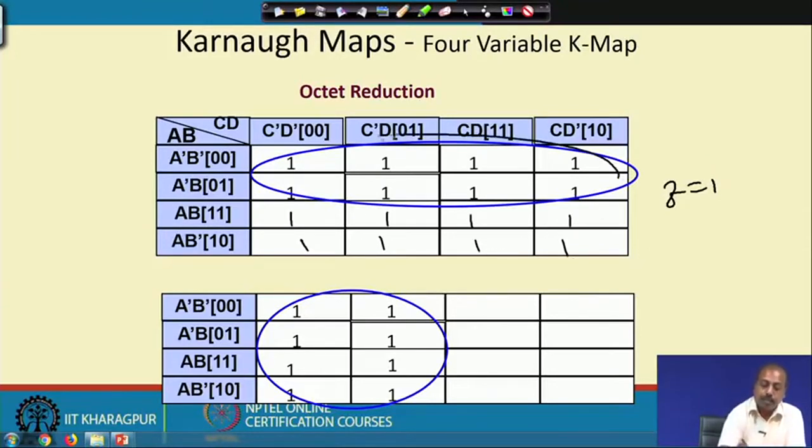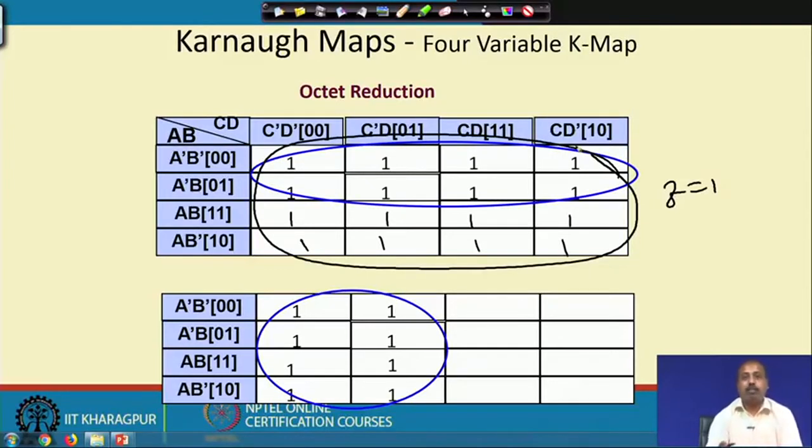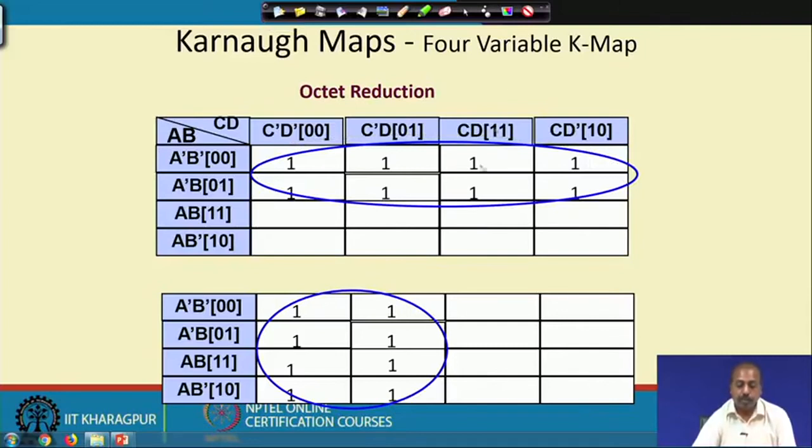You can make this whole thing a group, and now you see that all the variables are changing their polarities. Okay. So, naturally the minimized form is f equal to 1, because now no variable remains which does not change its polarity. But that is obviously not a case to be minimized. We normally do not come across such functions.